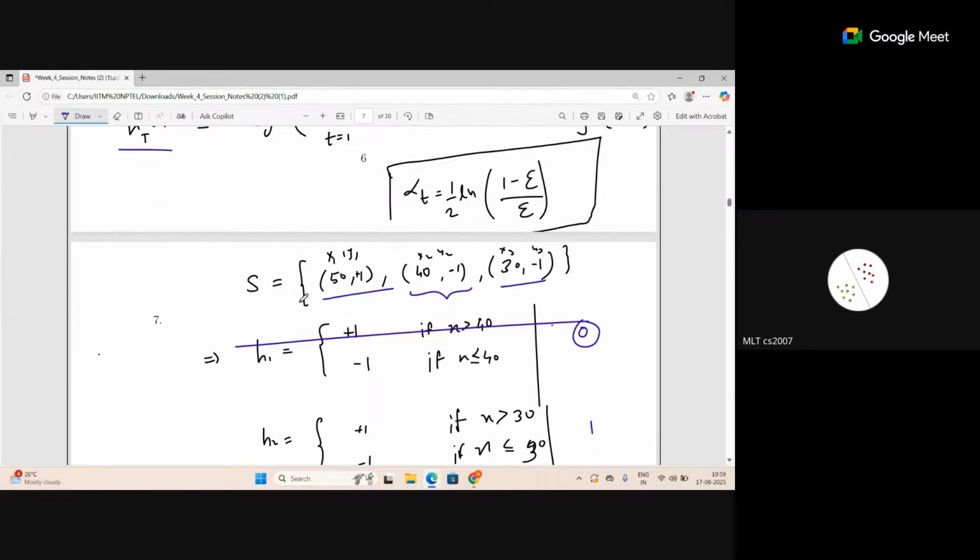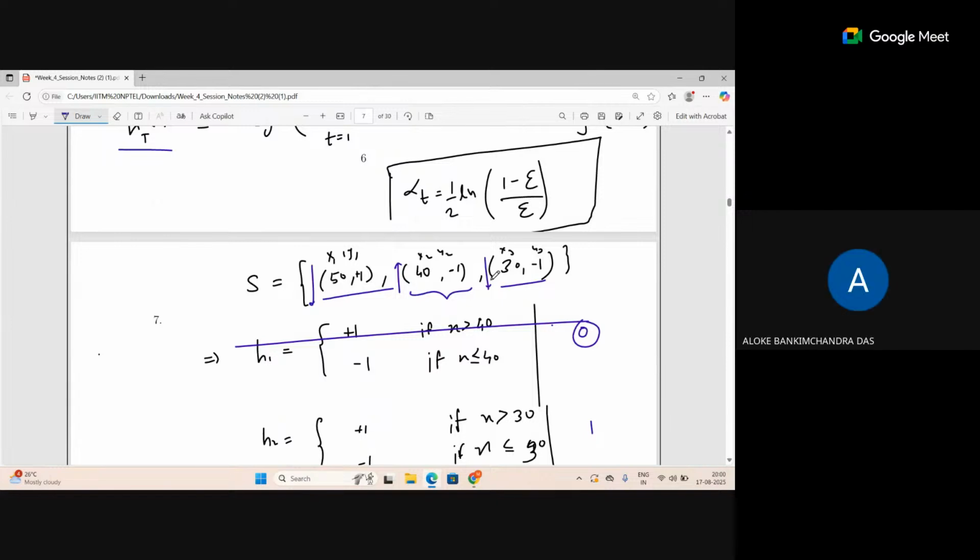So what do you think, the weights for these points will go higher or lower? For these points the weights will be lower, and the weights will be higher for these. Yes, sir. And then after some iterations, it will give me the correct weights, so that the decision stump should be able to properly classify.